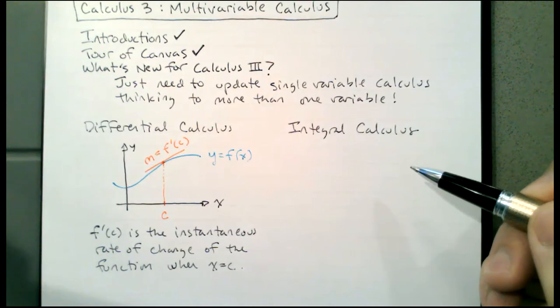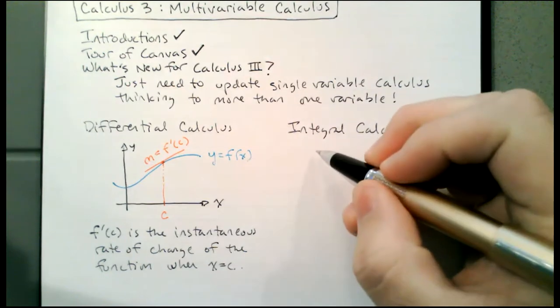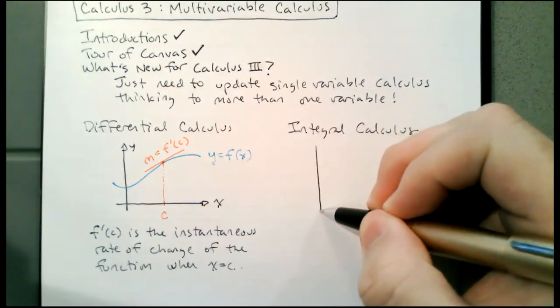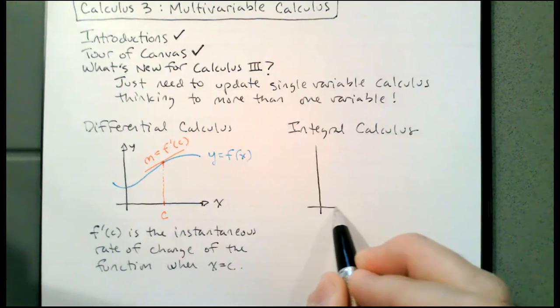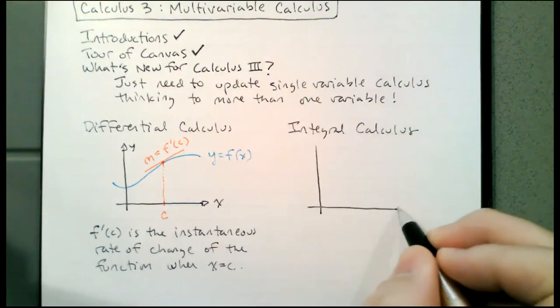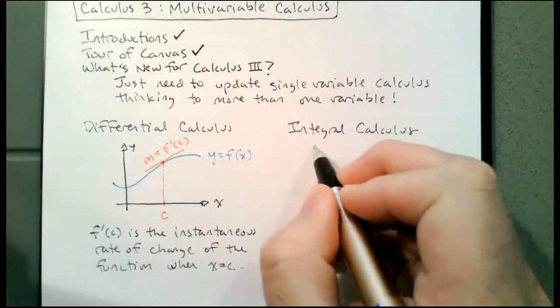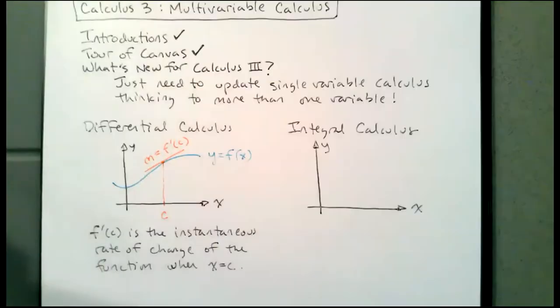So in integral calculus, in Calc 2, the big question that we were asking was, what is the area under the curve between two values? So we had some function.